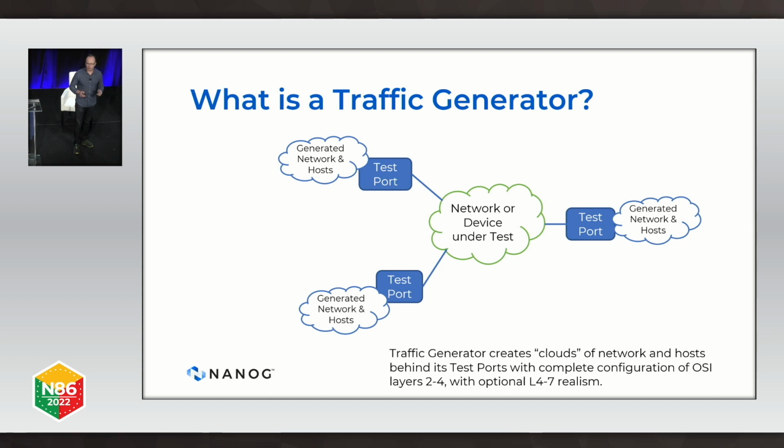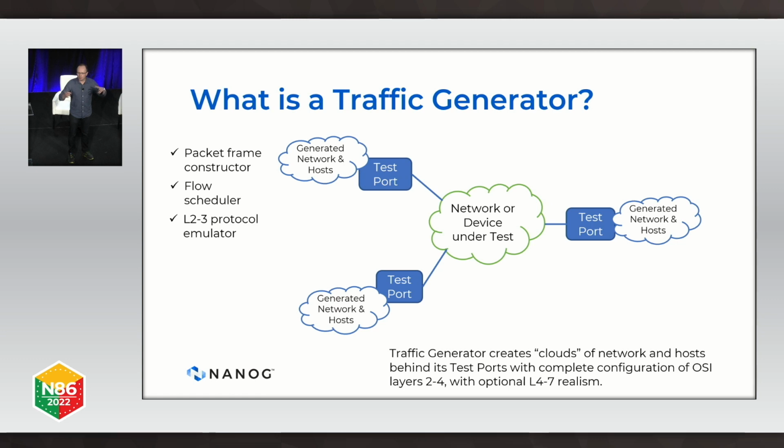So in general, when we use a traffic generator, it means we want to test a network device or maybe a portion of the network. And so we need to surround this device or network with a set of test ports from which we're going to be sending traffic, creating a cloud of generated network and hosts behind those test ports.